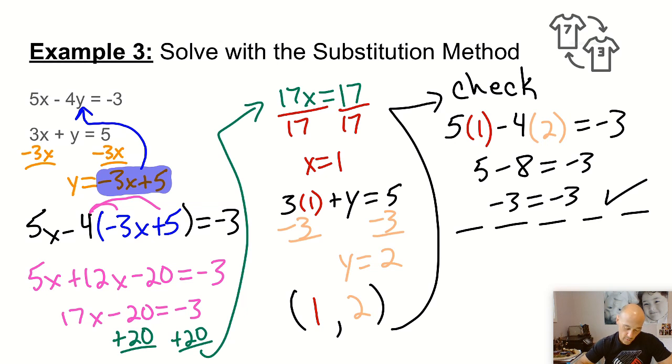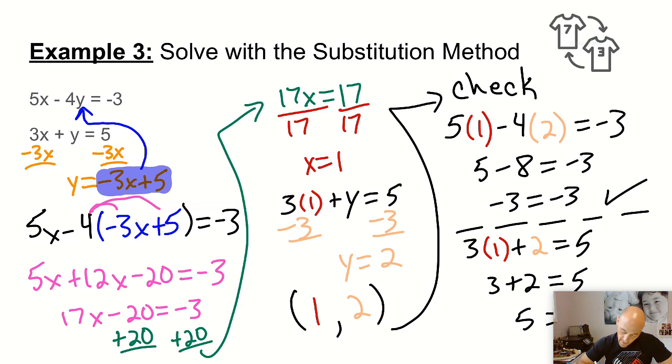Now we have to check the other equation. So 3 times 1 plus 2 equals 5. 3 times 1 is 3 plus 2. 5 equals 5, and that one checks.